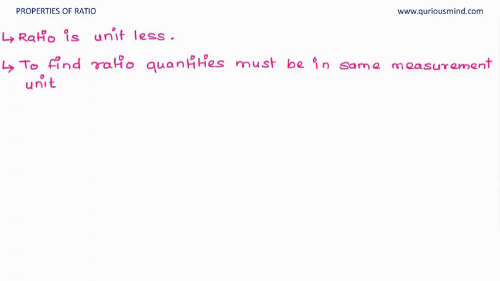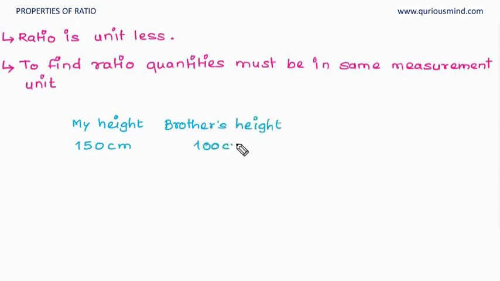Let's see what is the ratio of my height to my brother's height and ratio of my weight to my brother's weight. So my height is 150 centimeter. That is my height. And my brother's height is 100 centimeters. So what is the ratio of my height to brother's height?